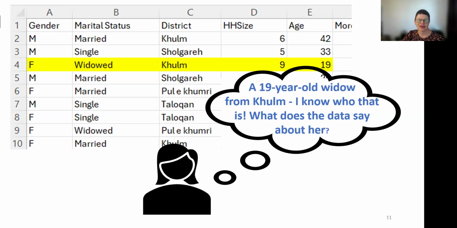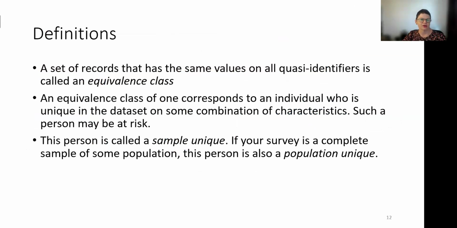This is what we want to prevent. A set of records that has the same values on all quasi-identifiers, all of these characteristics, is called an equivalence class. An equivalence class of 1 corresponds to an individual who is unique in the data set on some combination of characteristics.